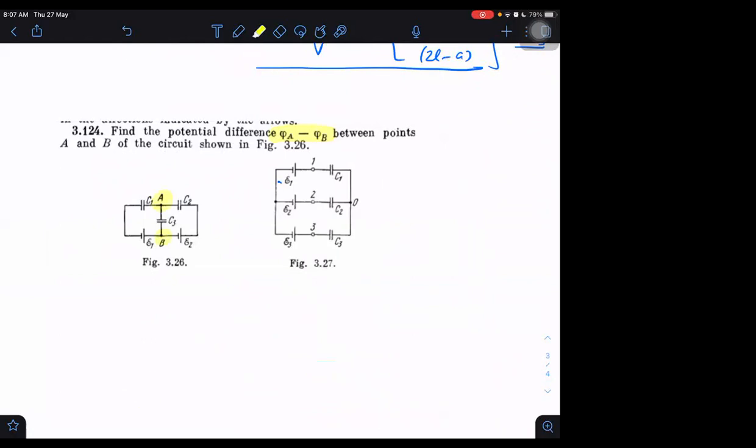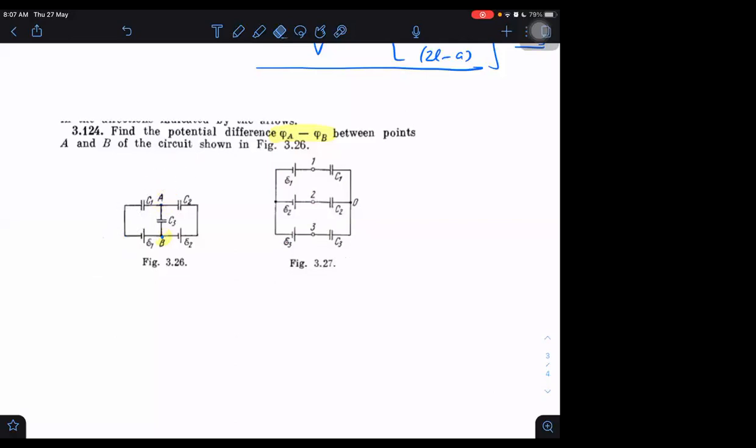This diagram is not for this, that is for a different question, I think. Take reference 0 volt. What is this VA? Unknown. What about this? VB is not unknown. If it is 0 this side, then what will VB become?